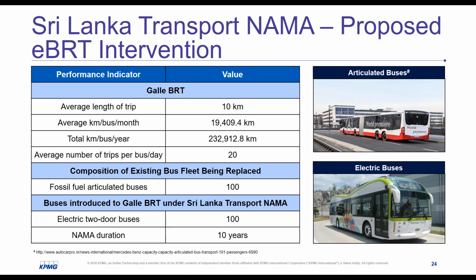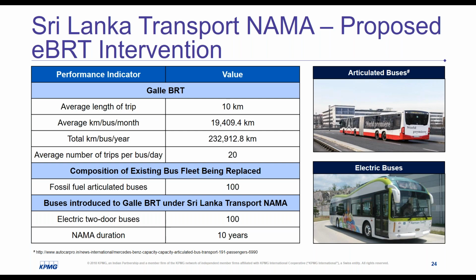So while we could have assumed larger trips or larger distances, we went with some of the assumptions that were made in the original BRT infrastructure plan, and we stuck to that to say that the average length of the trip could be 10 kilometers. The average kilometer per bus per month would be around 20,000 kilometers. Total kilometer per bus per year was envisaged to be about 233 kilometers.